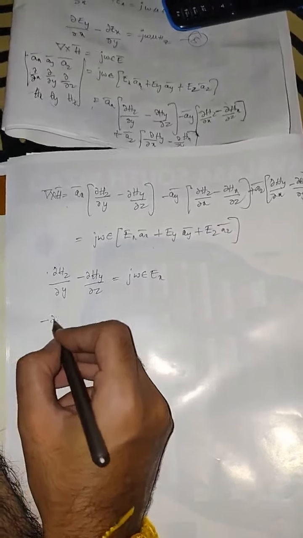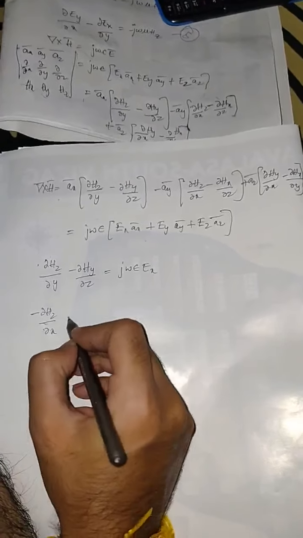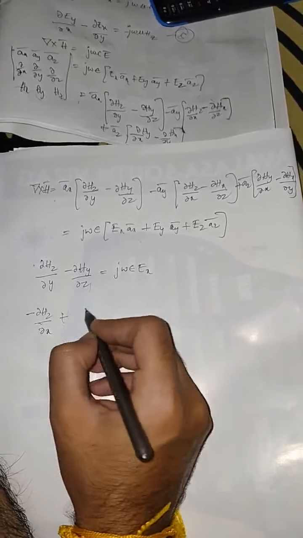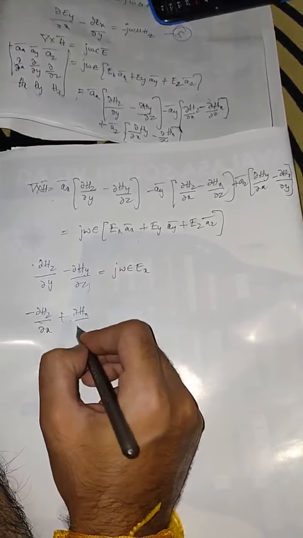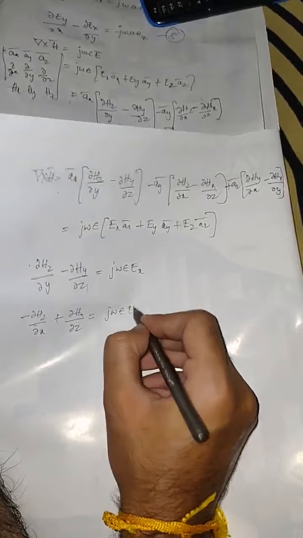So I am multiplying by minus, so minus ∂Hz/∂x plus ∂Hx/∂z, which is equal to jωε Ey.